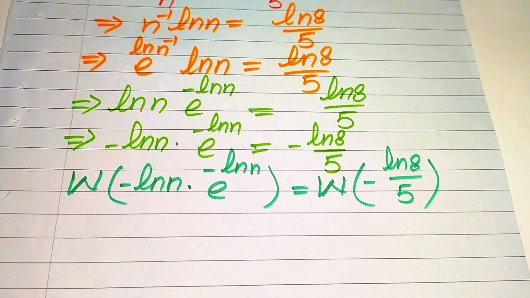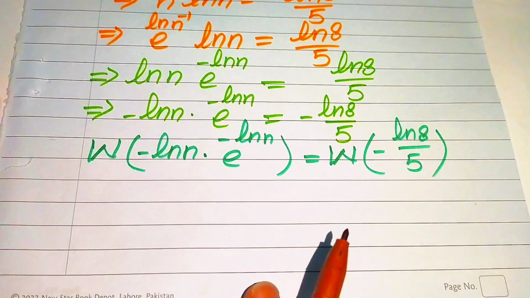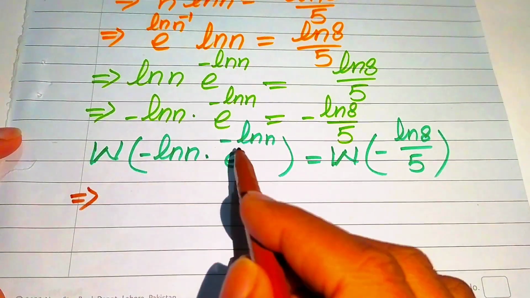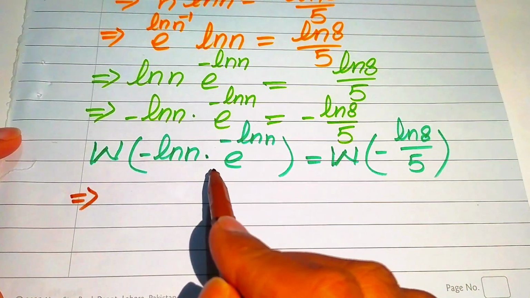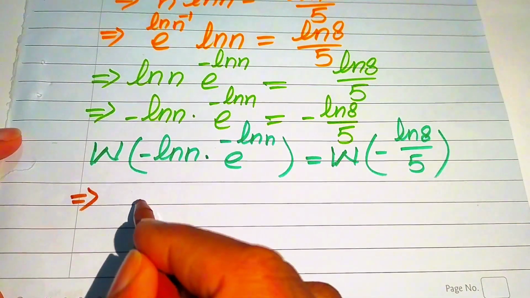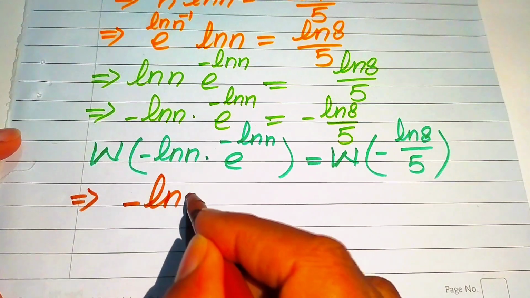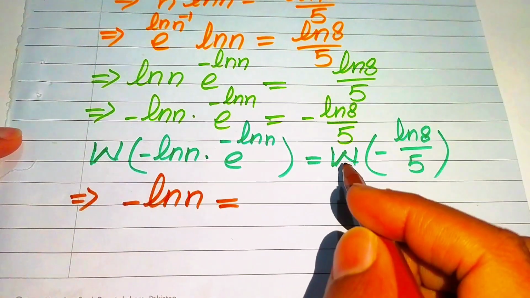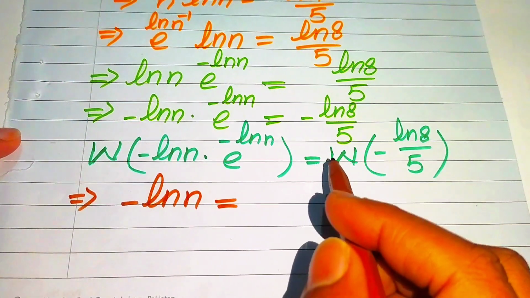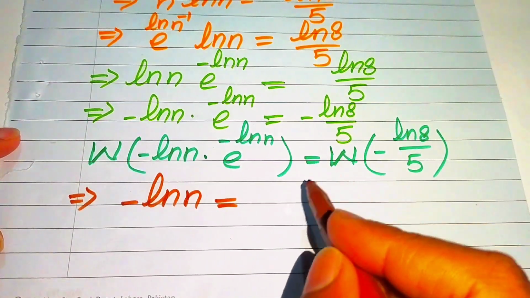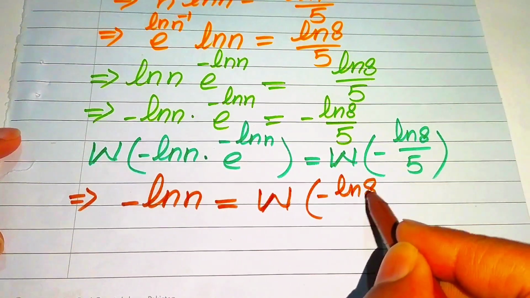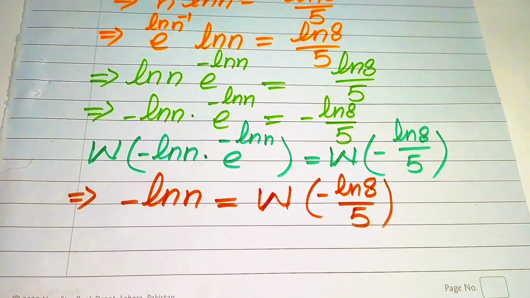Now in the left hand side, the output after using the Lambert W function is the exponent of e, which is minus log n, equals, in the right hand side, W of minus log 8 over 5.